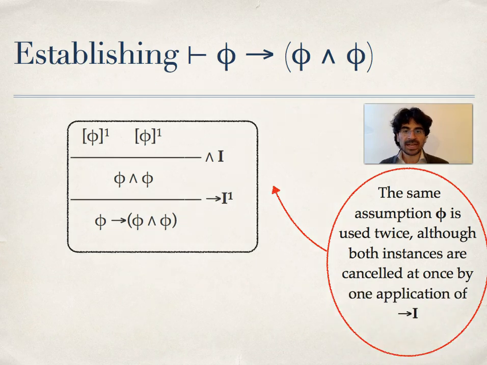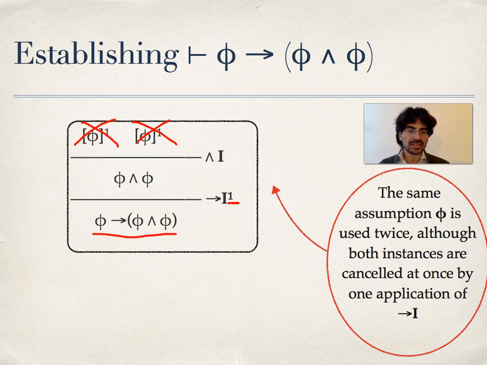So the rule cancels both instances of phi, although we have used the rule only once. Insofar as both instances of phi are on top of the tree that we used to derive this conclusion here, they can both be cancelled.